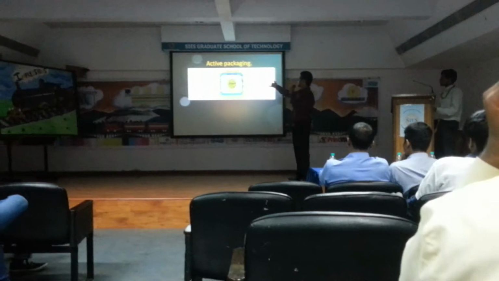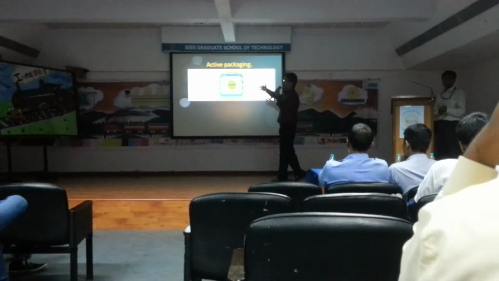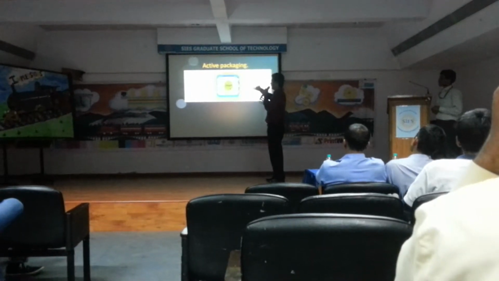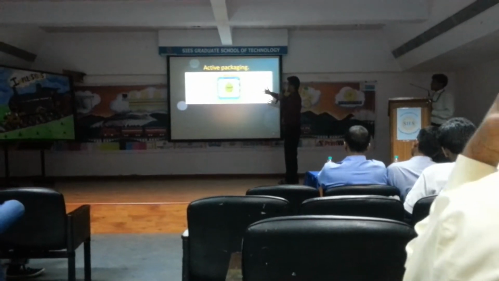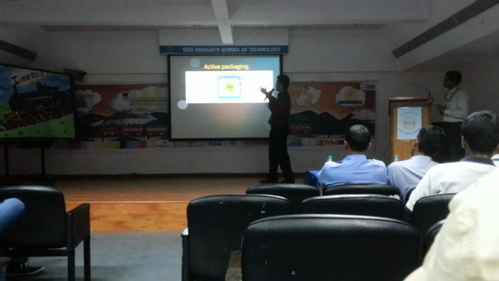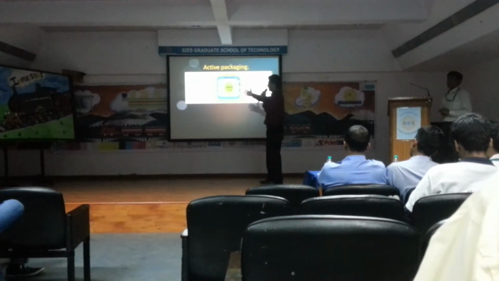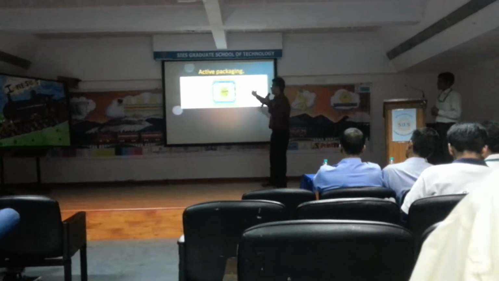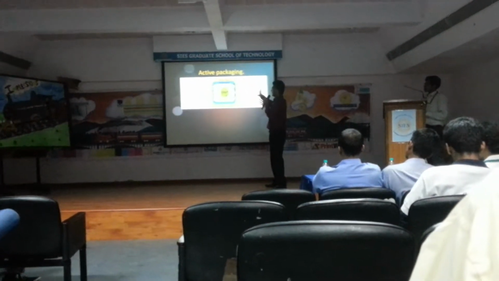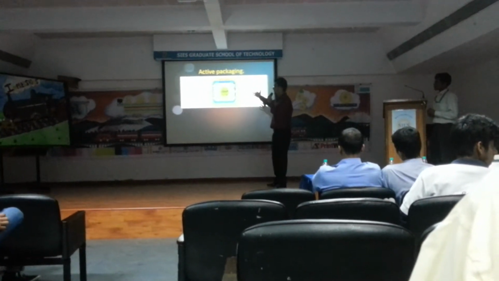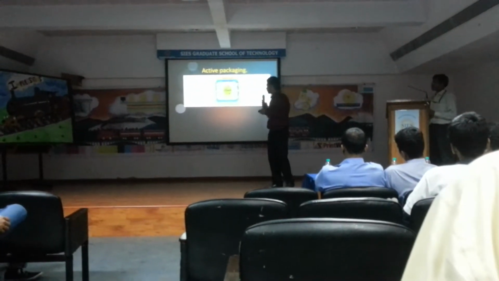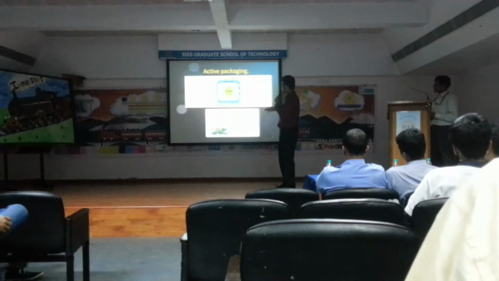This is an illustration which explains what active packaging is. The active packaging system has a barrier layer outside, which prevents many harmful hazardous chemicals from coming inside, or even if they are already present inside, we can extract them or stop their growth.